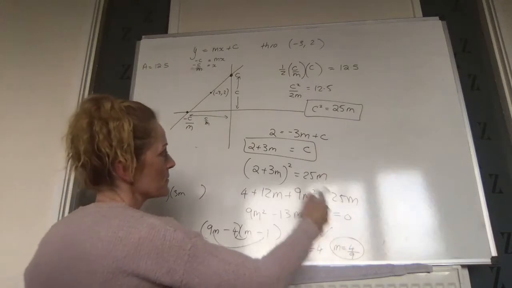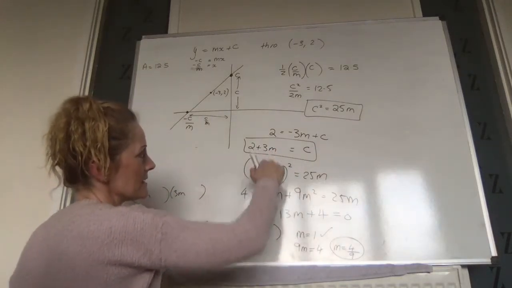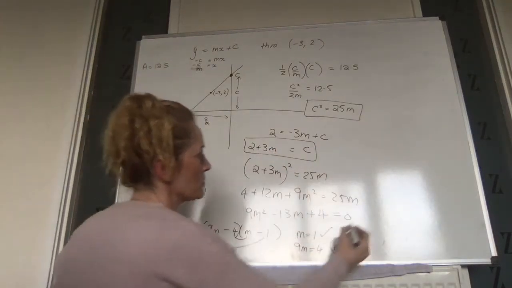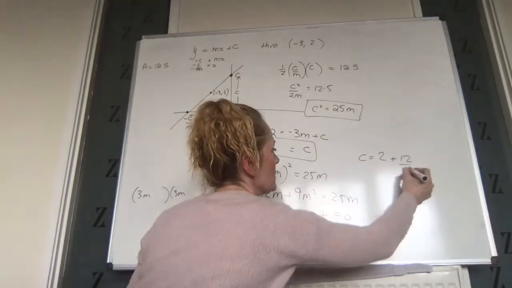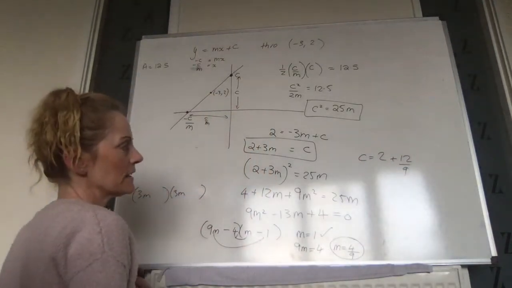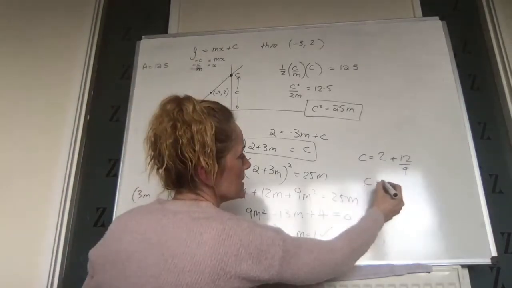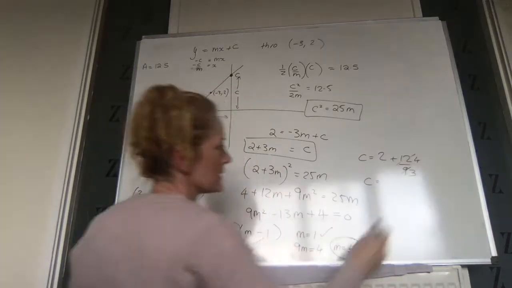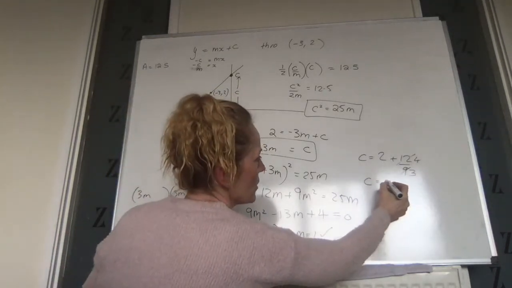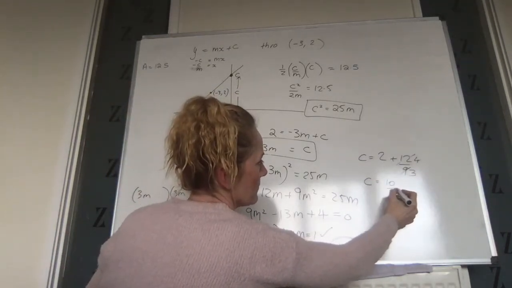And if the slope is 4 over 9, that means c is 2 plus 3 times the slope. So c is 2 plus 12 over 9, 3 times 4 over 9. That's 4 over 3, so it's 3 and 1/3, or 10 over 3.